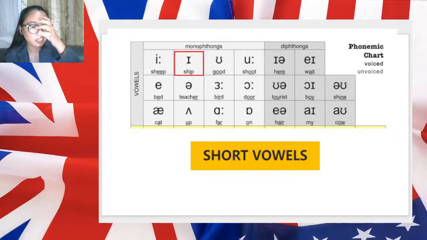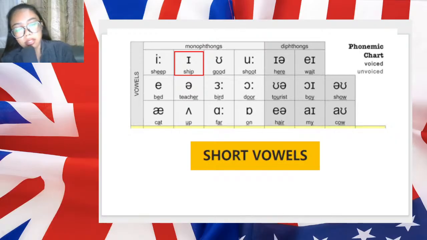Make sure you clearly hear and feel that short i sound in the middle. We try to distinguish it from the long e sound you hear in sheep. All right? So, how does that feel? Can you feel your tongue in that relaxed, slightly raised position? You can give it a few tries if you did.